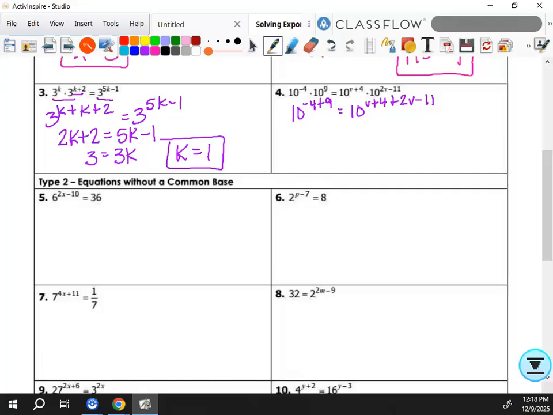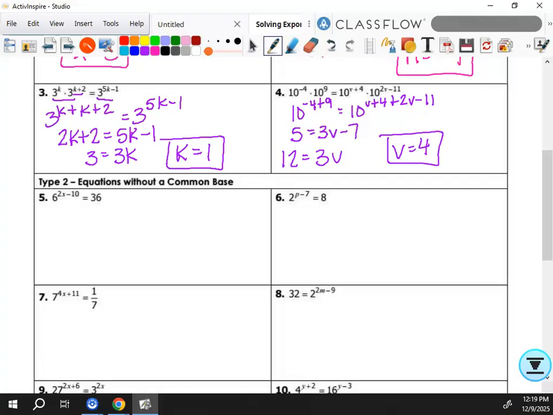When I combine that, that gives me 5 equals 3v minus 7. Add 7 to both sides, and we get 12 equals 3v. v equals 4. Any questions at all? We all good with that?